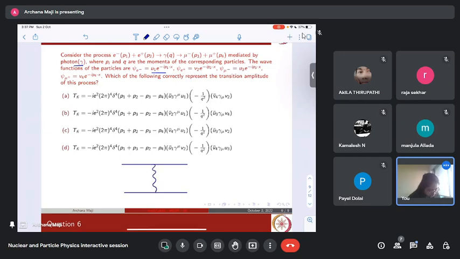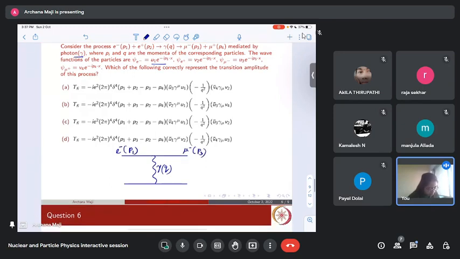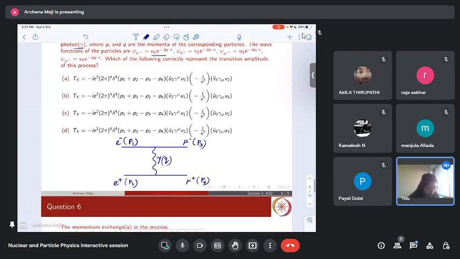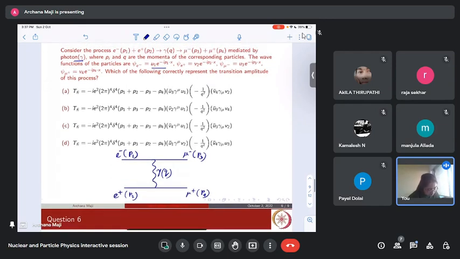This is the photon gamma with momentum q, the initial particle is the electron, then mu minus, positron, and mu plus with momentum p4, and wave functions are also given.